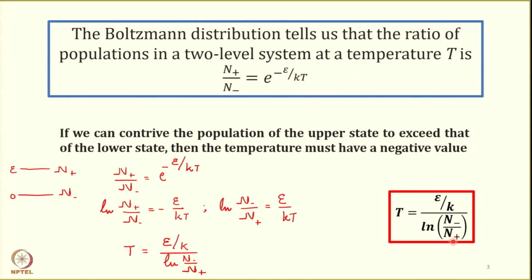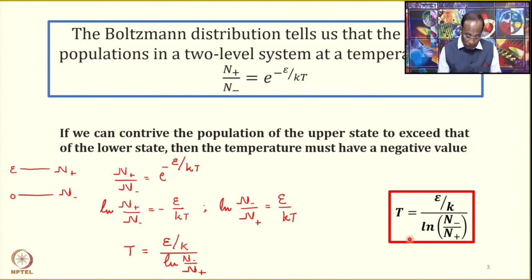Now carefully look at this expression that we derived. If N plus is higher than N minus, that means if we can contrive the population of the upper state to exceed that of the lower state, then this term is negative and the temperature can be negative.